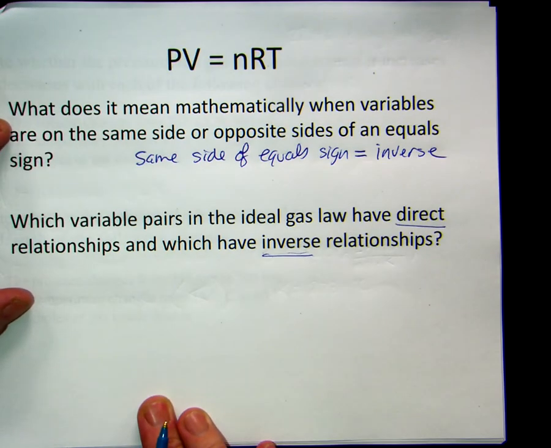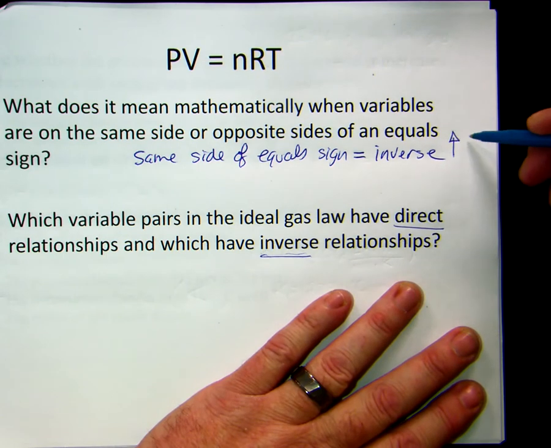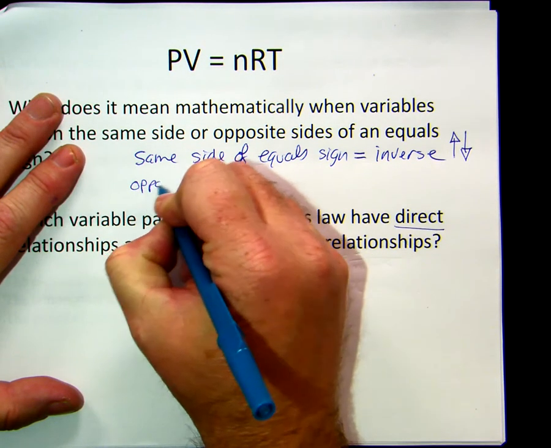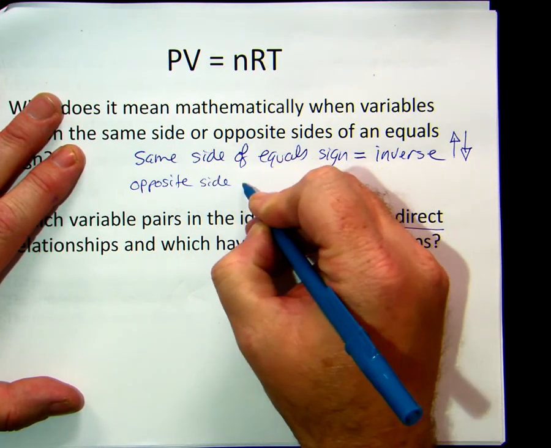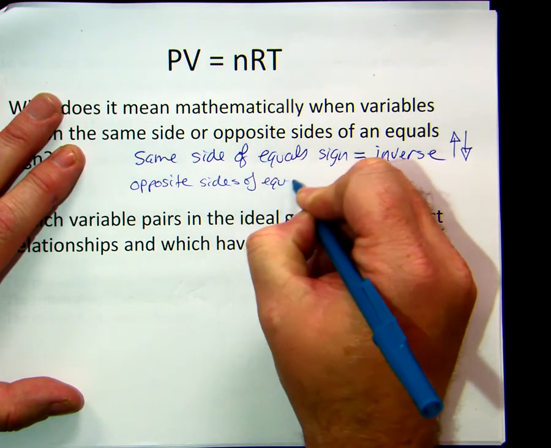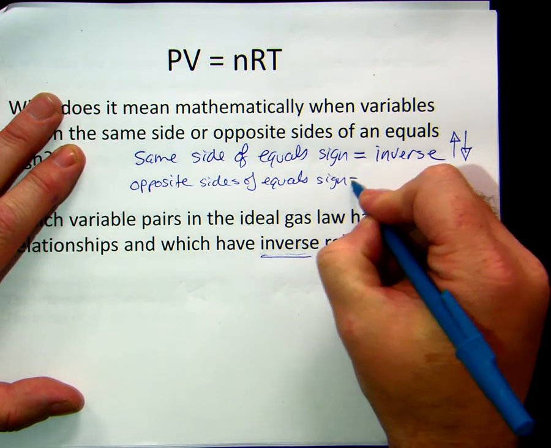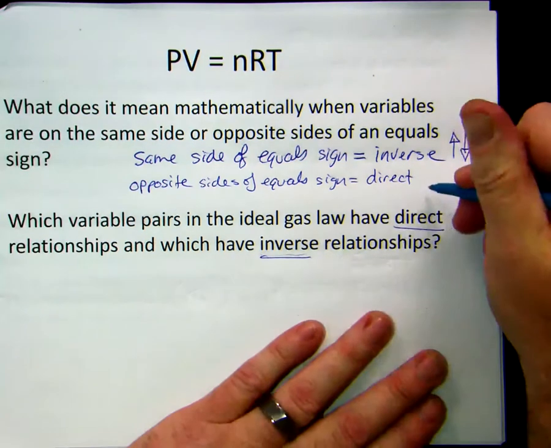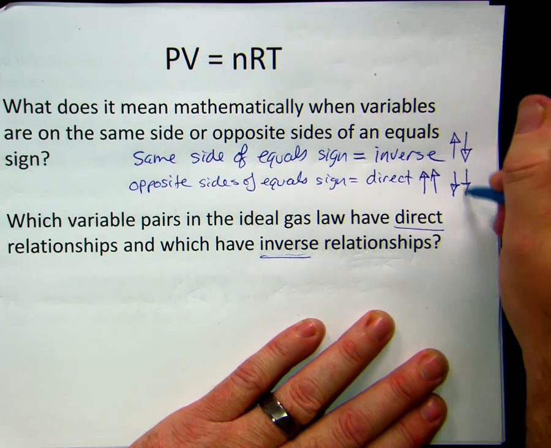And an inverse relationship, you would say, as one goes up, the other goes down, or vice versa. Opposite sides of the equal sign are direct relationships. So if they're on opposite sides of the equal sign, that's a direct relationship. And that means as one goes up, the other goes up. As one goes down, so does the other.